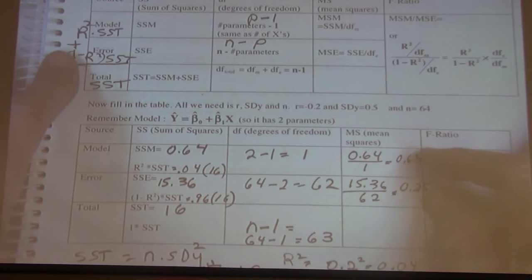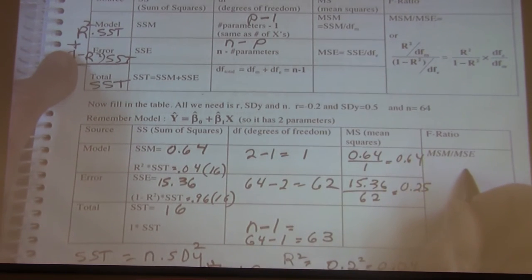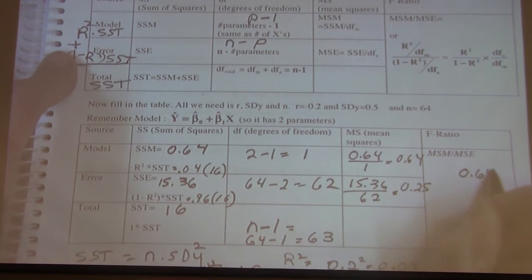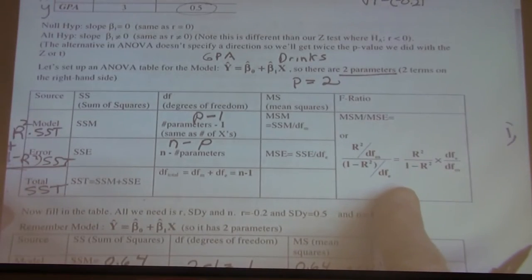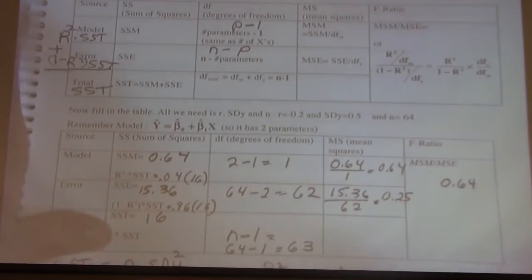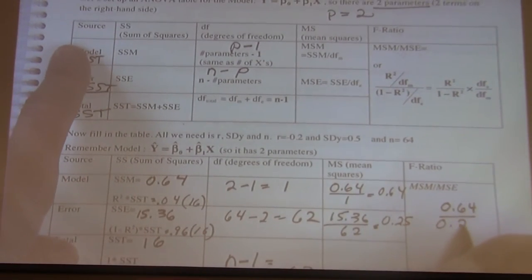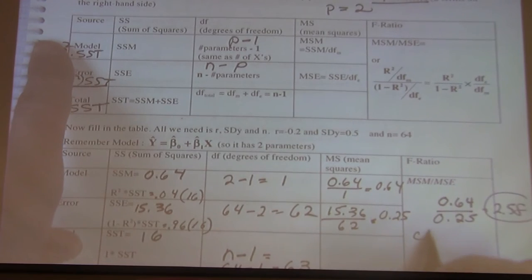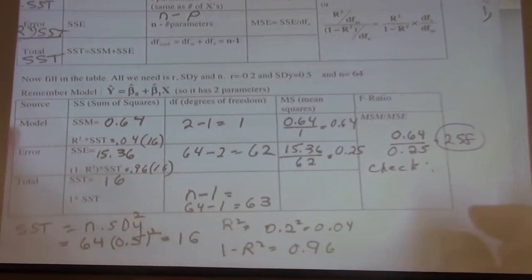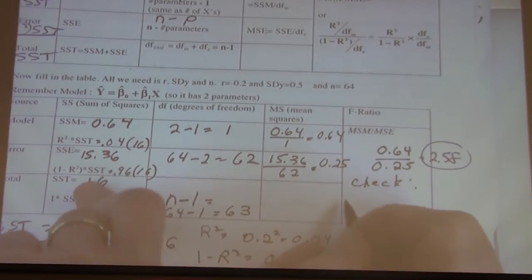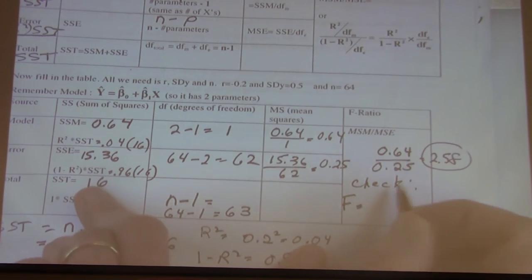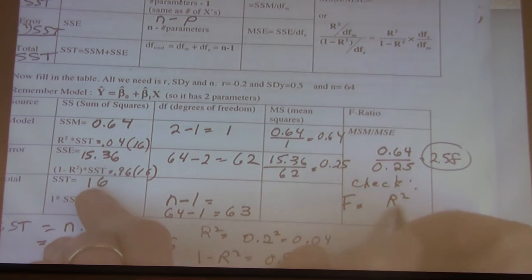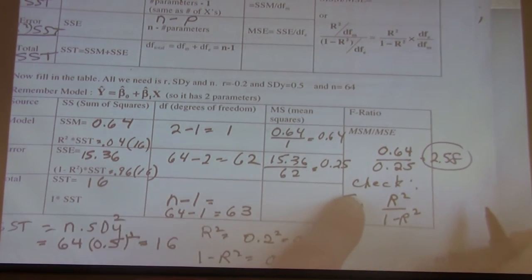This is just the ratio of these two. So it's 0.64 over 0.25, which is 2.58. So you could check it by what we said. The F statistic, if you're given R squared, it's much easier to check by saying F equals R squared over 1 minus R squared, and then you have to multiply it by not n, but n minus 2.